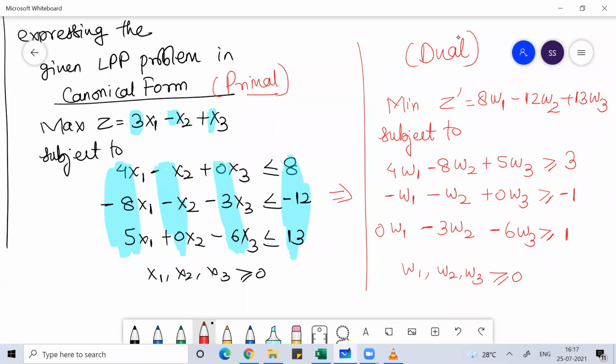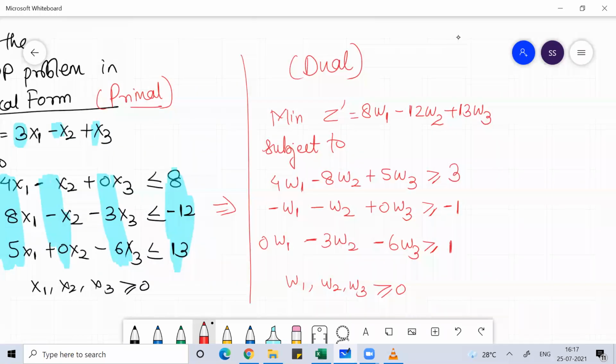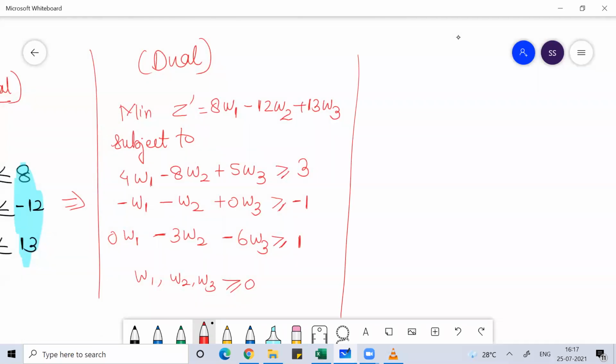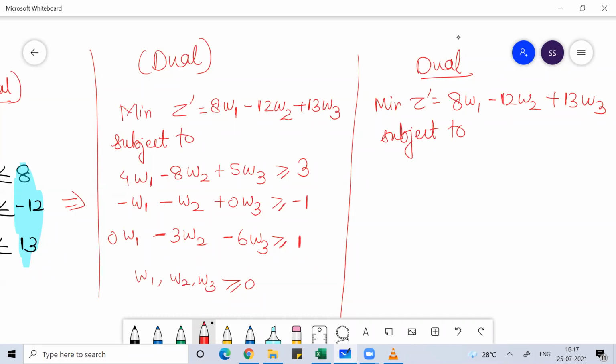Yes, sir. Now the same thing, if you want, you can spend more time. The same dual you can write like this: minimize z dash equal to 8W1 minus 12W2 plus 13W3, subject to 4W1 minus 8W2 plus 5W3 greater than or equal to 3.